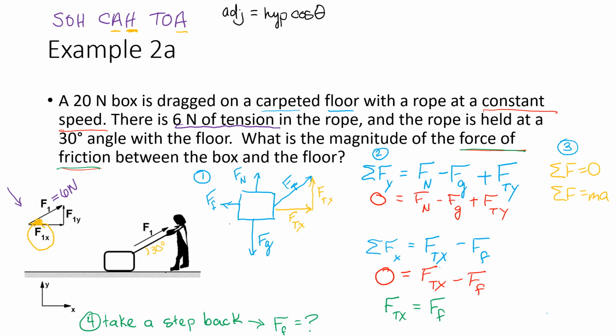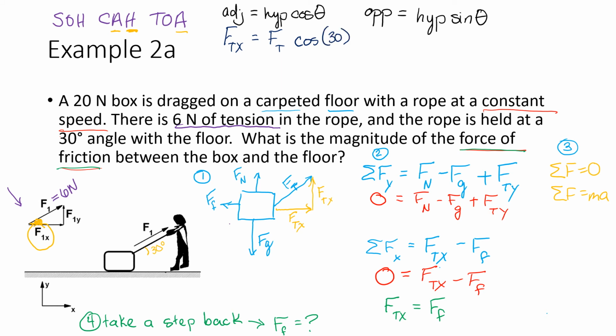But most of the time in physics we're looking for one of the sides, either the opposite side or the adjacent side. If we were looking for the opposite side, we would write this. So the adjacent side is the force of tension in the x direction. The hypotenuse is the force of tension itself times cosine of 30 degrees.